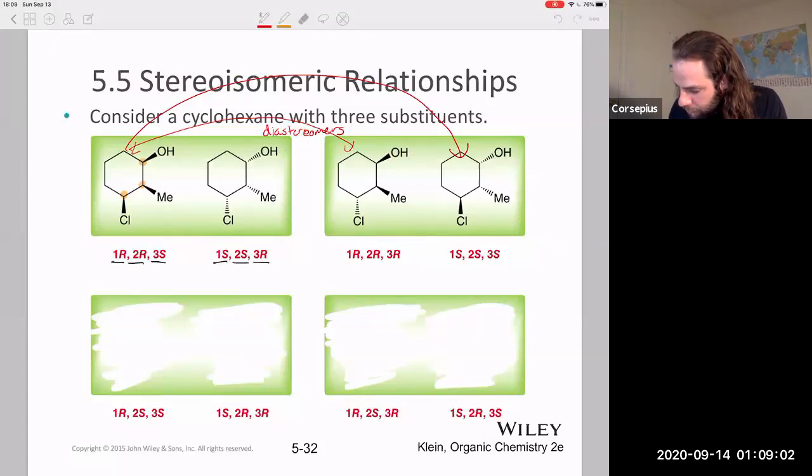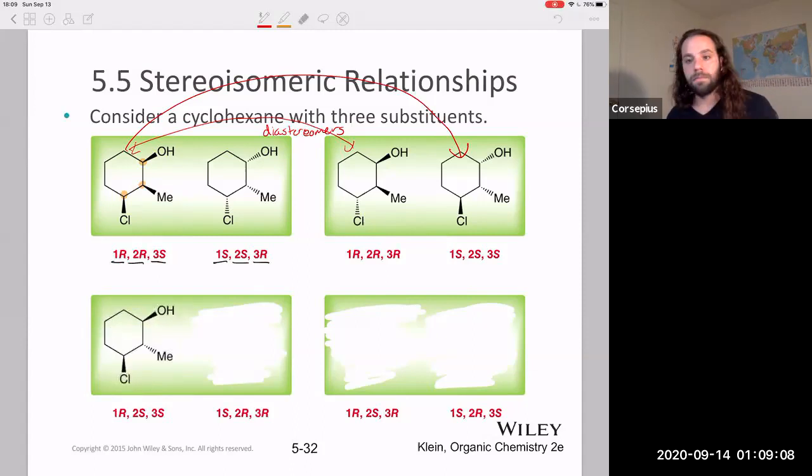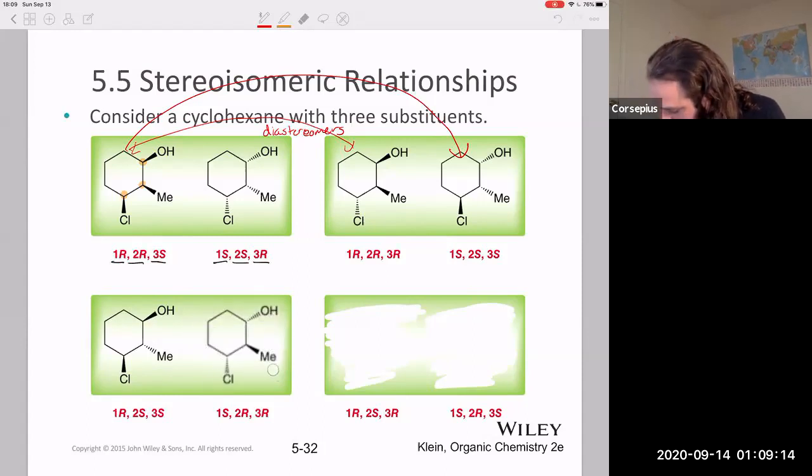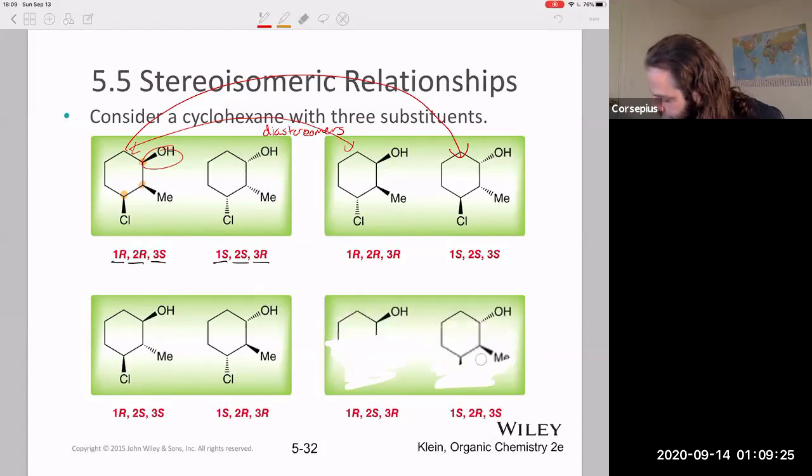Now I'm going to do the same thing, except I'm going to switch just the methyl. That creates a new stereoisomer, and then I can take that and draw its enantiomer. Boom. And then lastly, take the last bond, that hydroxyl or alcohol group, flip just that, and then draw its mirror image as well.